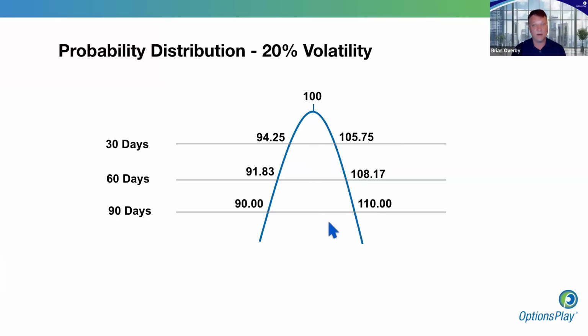Let's say you're a market maker down on the trading floor and the stock is at 100, and somebody comes in and buys a very basic trade, but what they do is they buy the straddle. They buy a call, they buy a put, 90 days to expiration, and the stock is at 100.